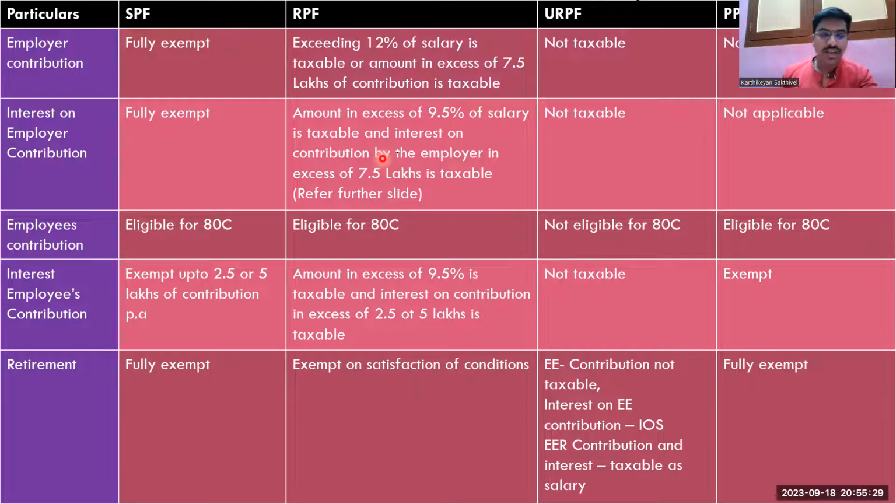But in excess of 2.5 lakhs or 5 lakhs of contribution by the employee, அதனுடைய interest taxability it is also there for statutory PF. Clear? Or should I repeat again?